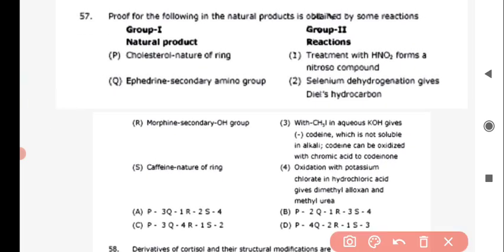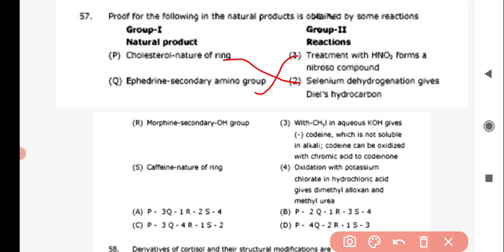Then in the next question, the group 1 contains the natural product and the group 2 contains the reaction. So for the first natural product, that is cholesterol, the correct answer is option number 2, that is selenium dehydrogenation gives Diels hydrocarbon. For option Q, that is ephedrine, the correct answer is option number 1, that is treatment with HNO2 forms a nitroso compound.